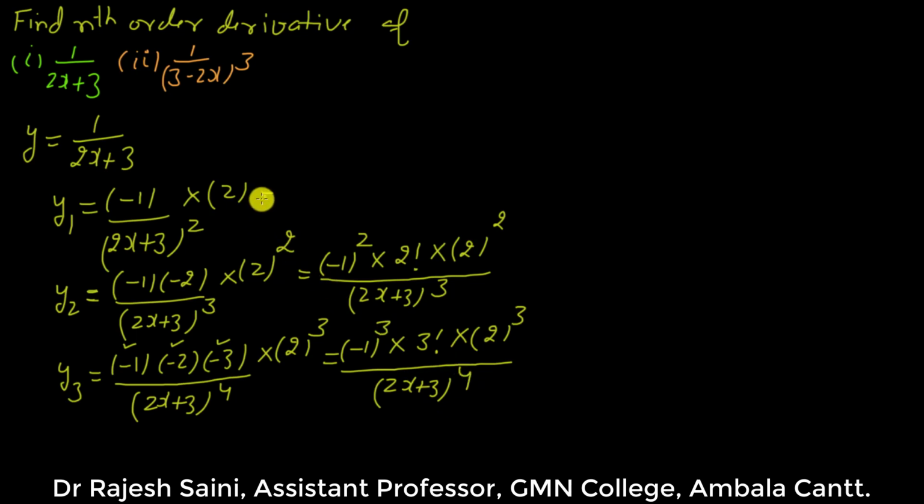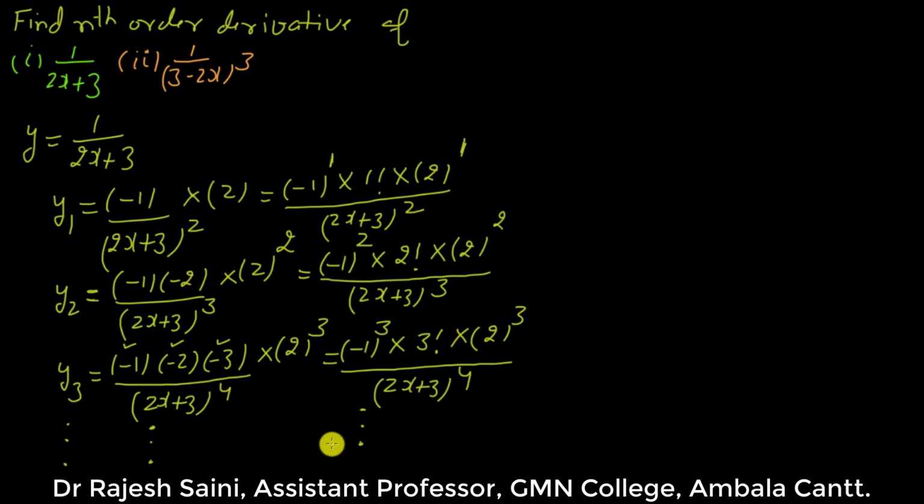And now can I write it something like minus 1 raised to the power 1, into 1 factorial obviously, and 2 raised to the power 1 divided by (2x plus 3) raised to the power 2. So now we will try to generalize; you will put 3 dots here, 3 dots here and 3 dots here.